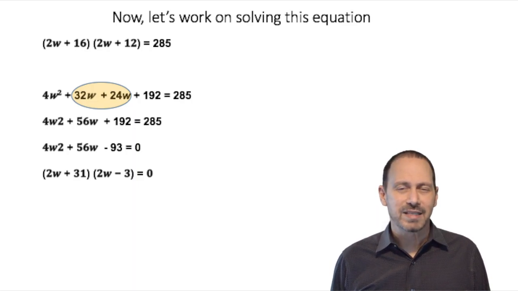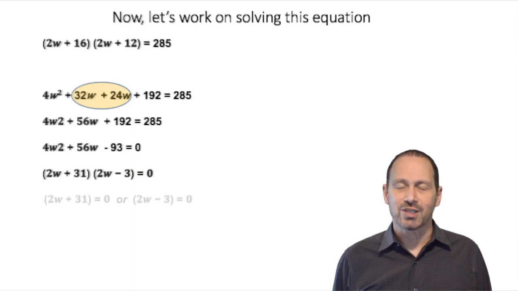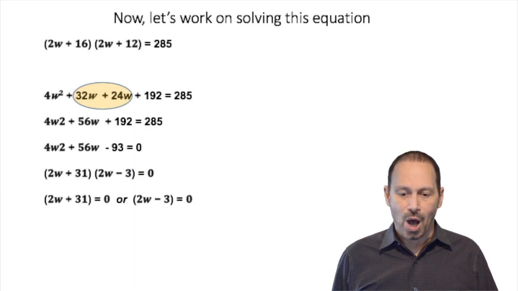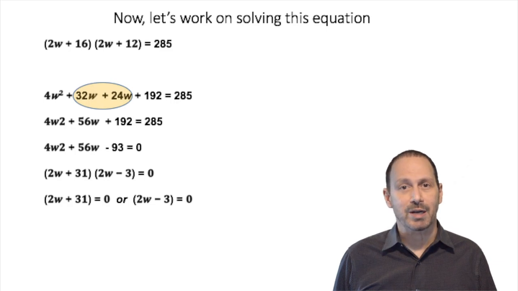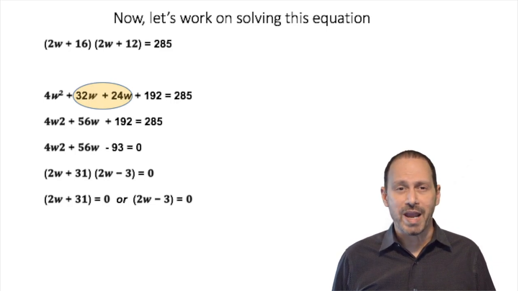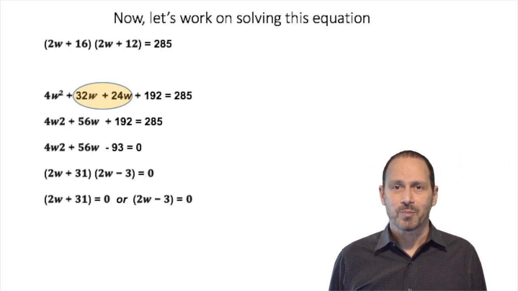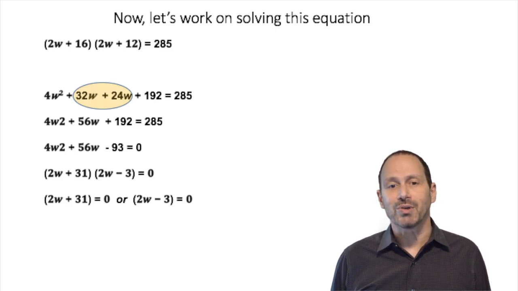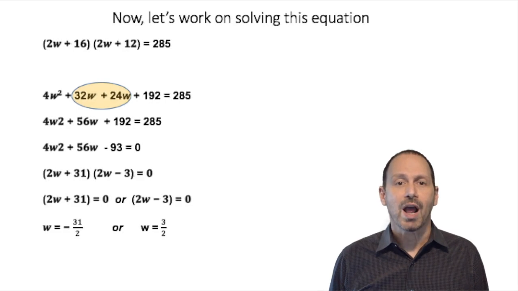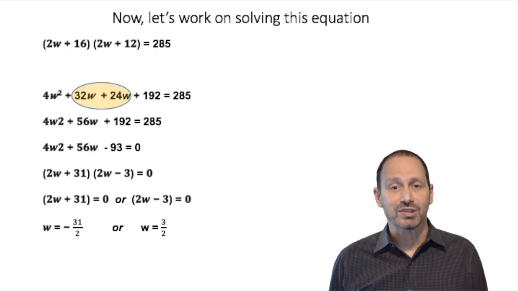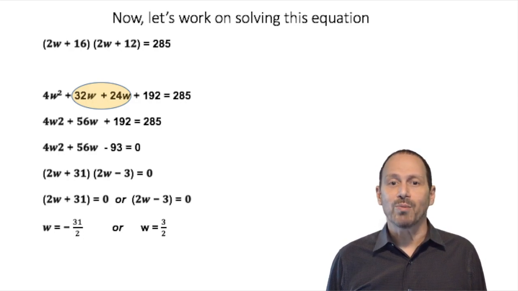Now we can apply the zero property, which tells us that when two quantities are being multiplied and you get a product of 0, we can infer that one of them is 0 or both of them are 0. If 2W plus 31 is equal to 0, we get that W is equal to negative 31 over 2.